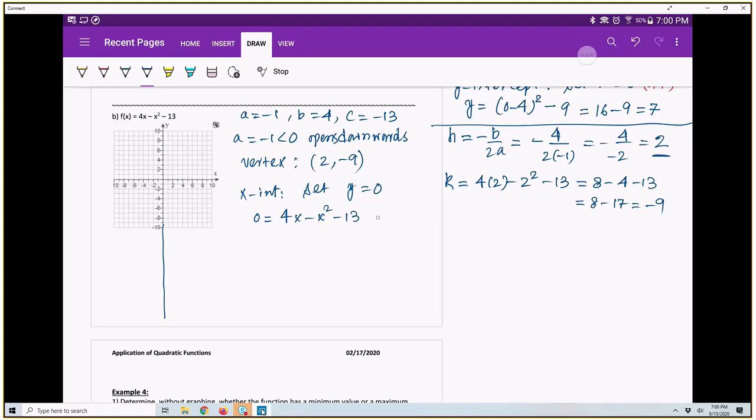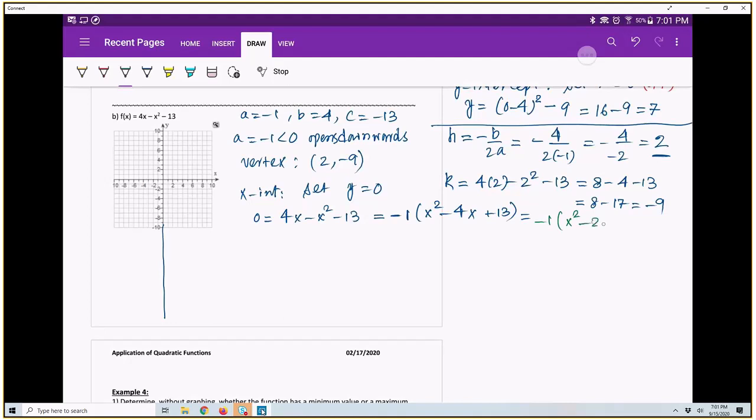So the first step is you factor out the coefficient of x squared, which is a negative 1 here, and you get x squared minus 4x. So positive 4x, if you take out the negative 1, becomes minus 4x. Negative 13 becomes positive 13, which will be equal to, so this one is not that bad because x squared is good.